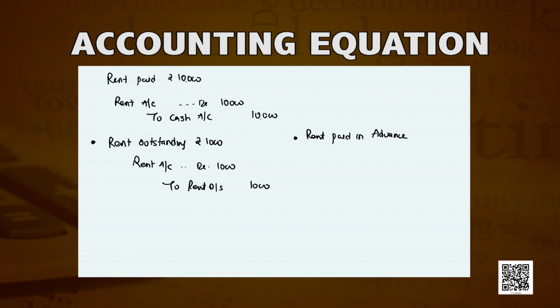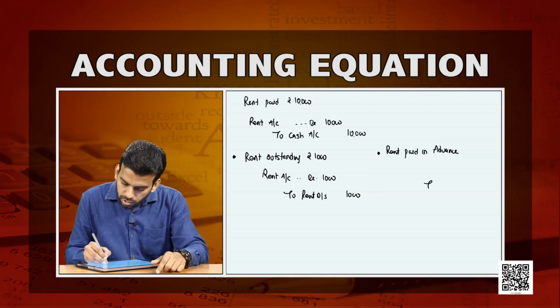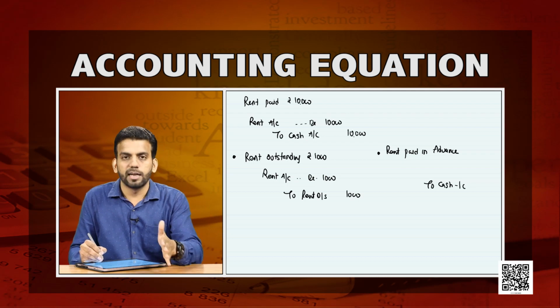So recall the rule we have learnt, whenever cash goes, cash is credited. It doesn't make any difference whether the rent was due or not. Cash has gone, so cash is to be credited.